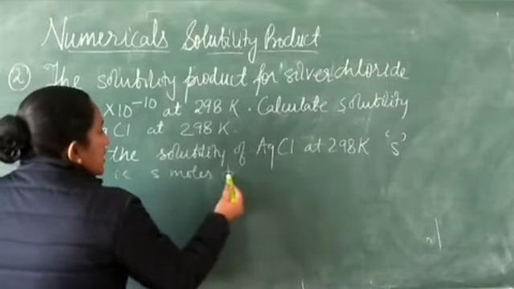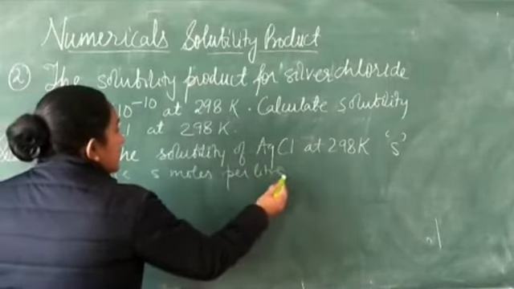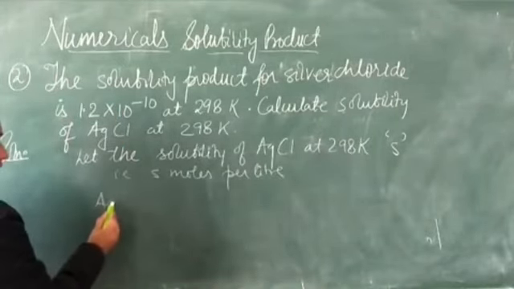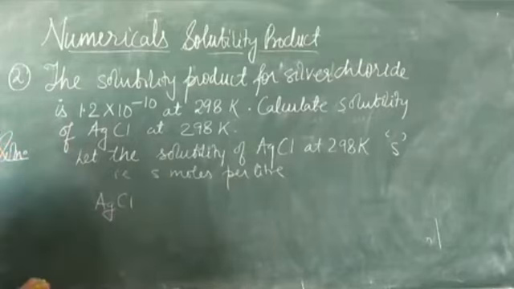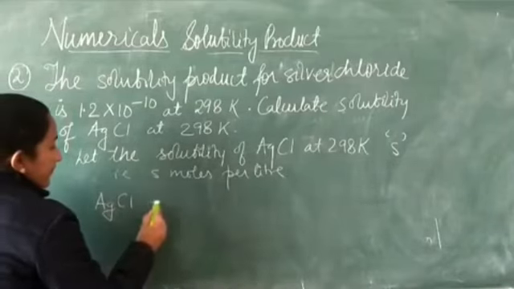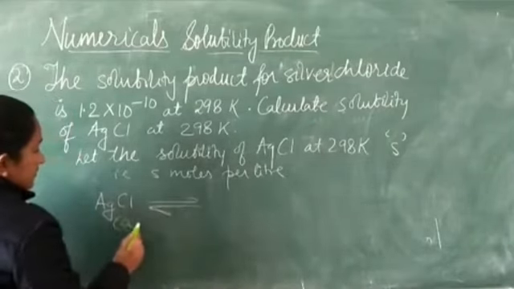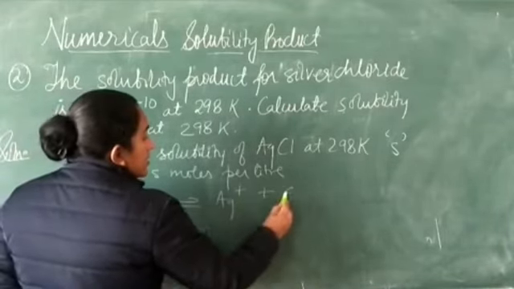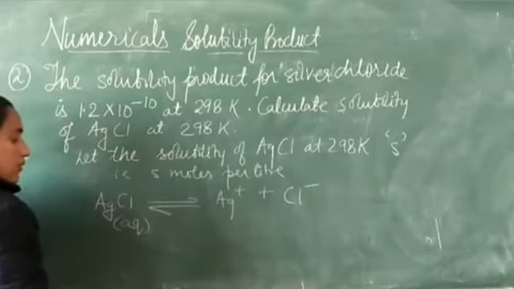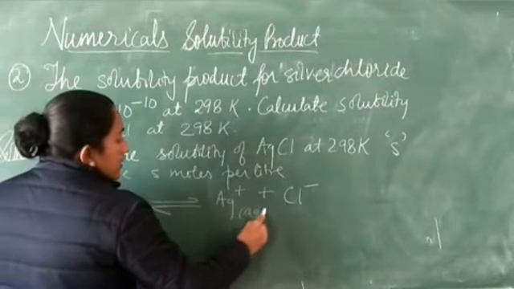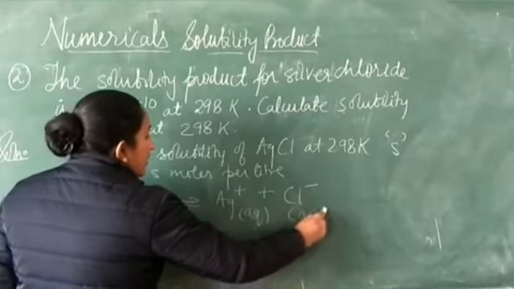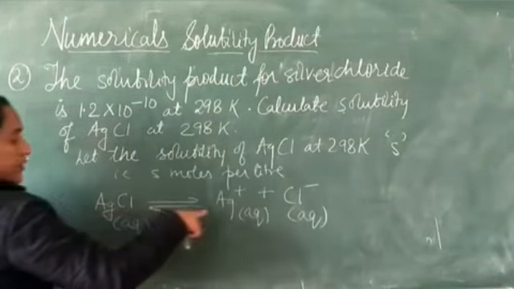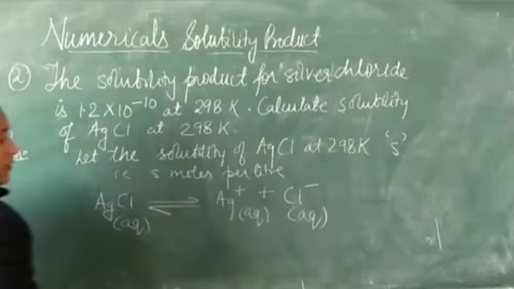Now we will write down the expression for the dissociation of AgCl. So Ag plus and Cl negative ions will be formed. AgCl, 1 mole, gives 1 mole of Ag plus and 1 mole of Cl negative.